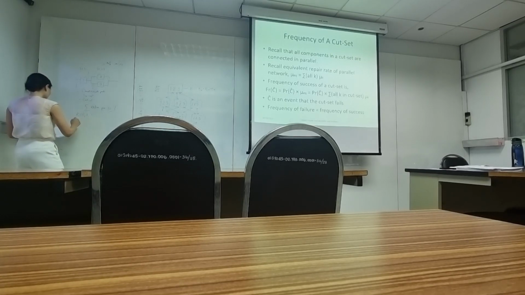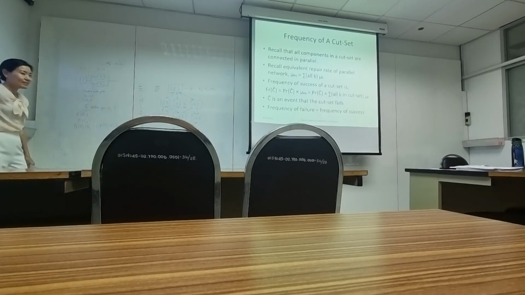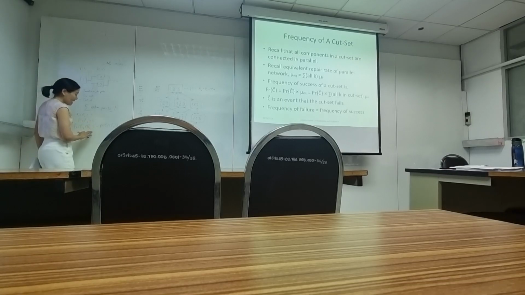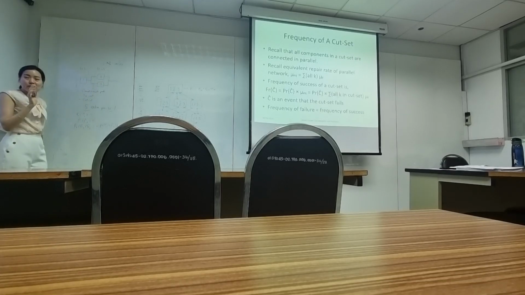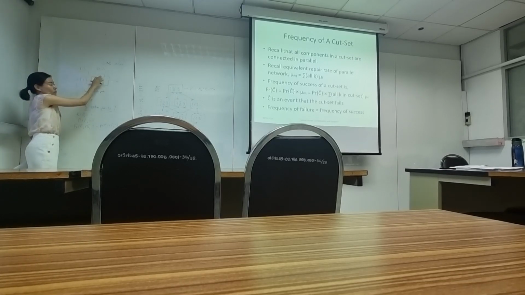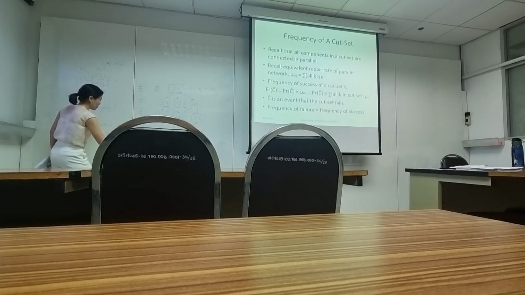Frequency of C1, frequency of C2. Now what about the frequency of C1 and C2? This one would be the probability of C1 and C2 multiplied by the summation of all the repair rates of all the components 1 and 2 and 3. So in this case, it's mu1 plus mu2 plus mu3.